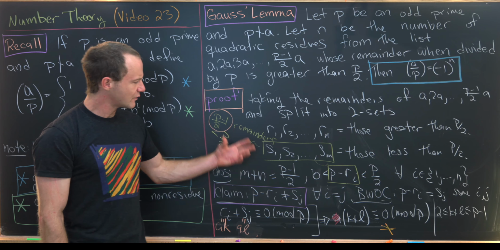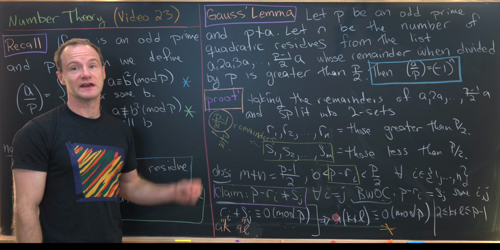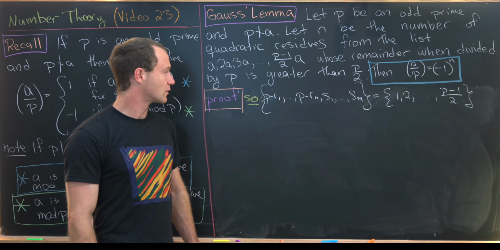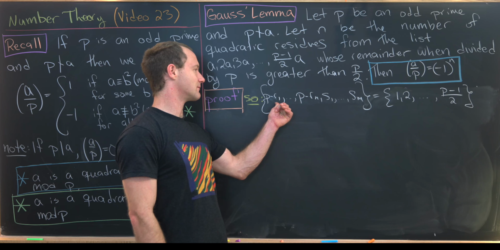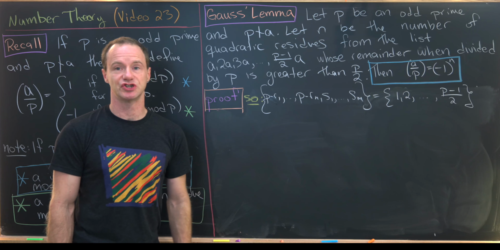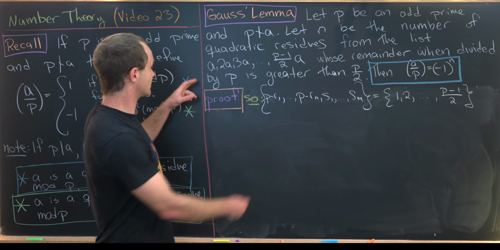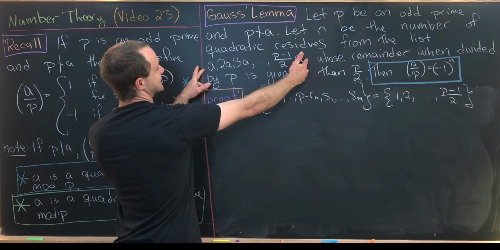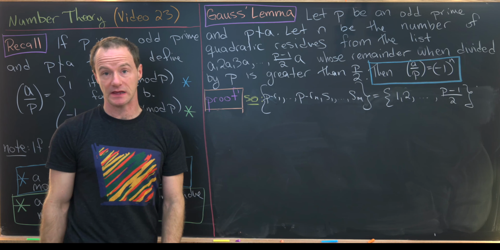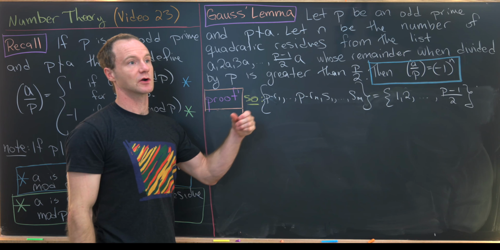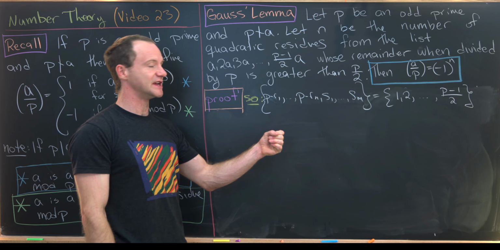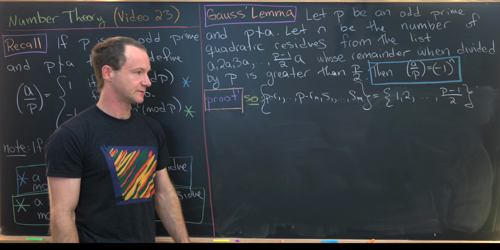Okay, so now that we've got that taken care of, let's move on to the next step. On the last board, we brought into existence these numbers R_i and S_j, which were the remainders of the numbers from this list after dividing by p. The R_i's were greater than p over 2, and the S_j's were less than p over 2.